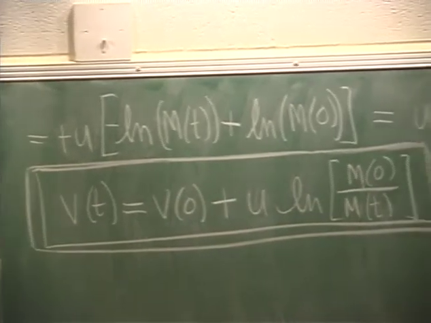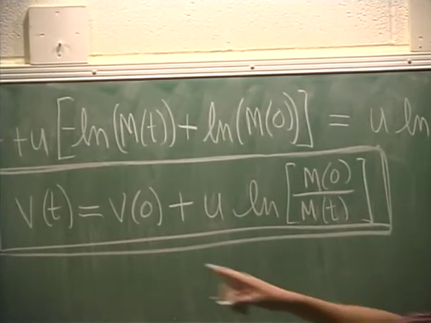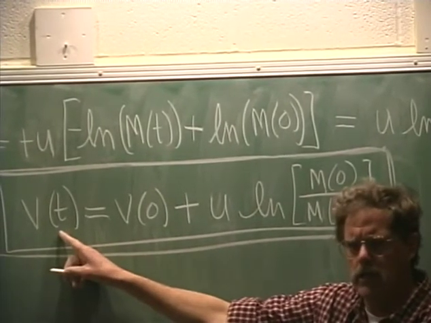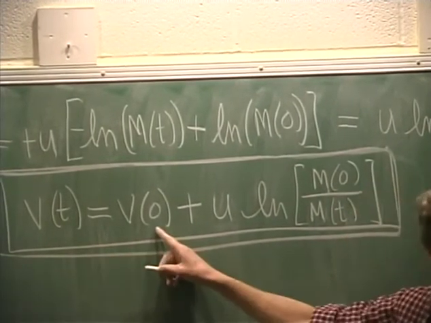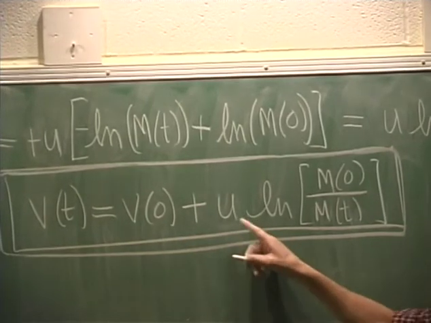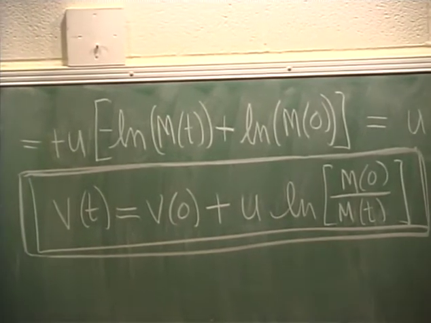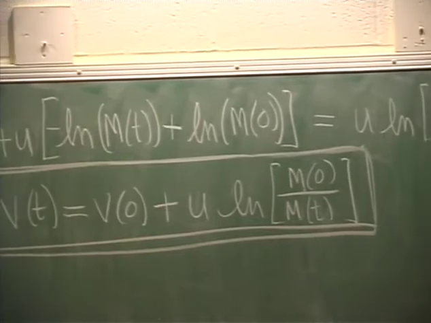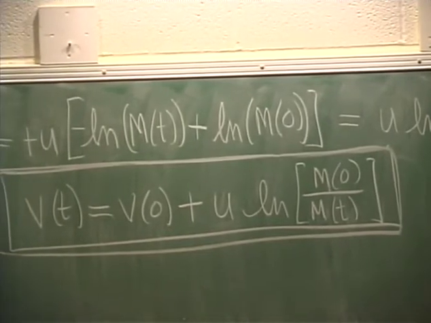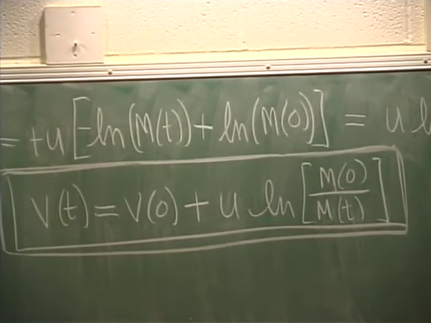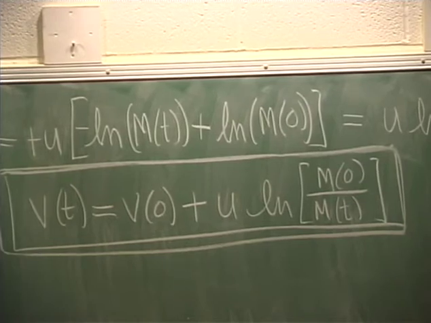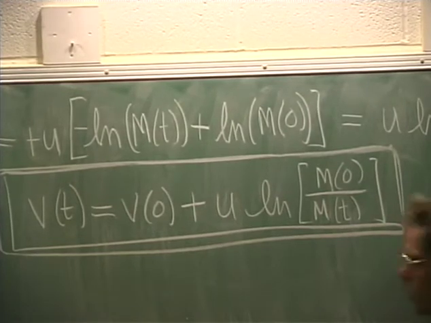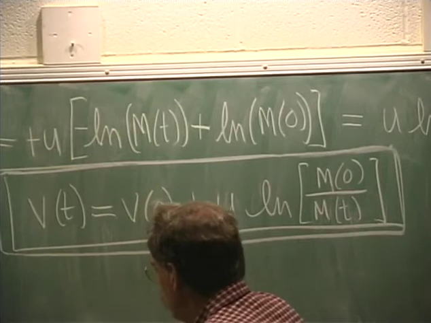What does that tell me then? Tells me the speed of the rocket at time t is the speed that it started with, plus u, the exhaust speed, times the logarithm of the ratio of the original mass to the mass that it now has. So if I know what the mass has been reduced to, I can figure out what the velocity is.